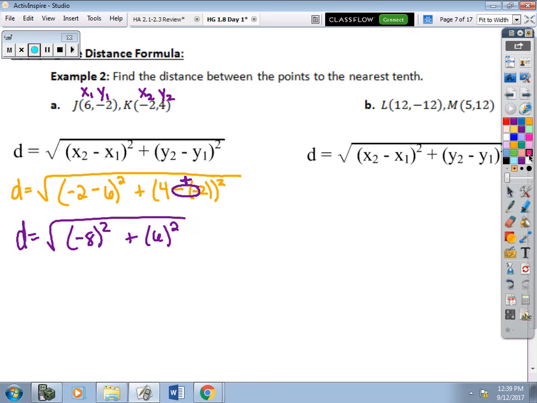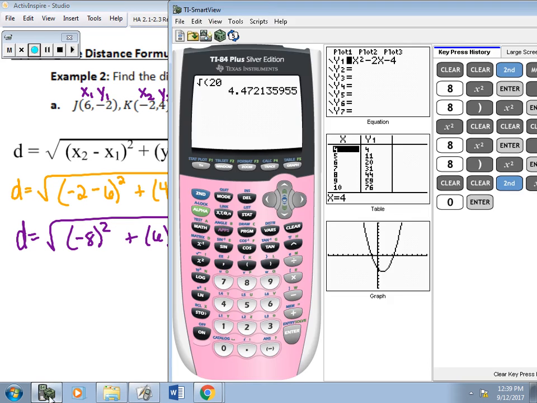Now again, some of you rely on your calculator, which you shouldn't be doing for this. You don't need it until you get to the very last step. But I do just want to draw attention because I don't want you to get the answer wrong because you put it in your calculator wrong. Again, if you were to put in -8 squared, your calculator will give you the wrong answer.